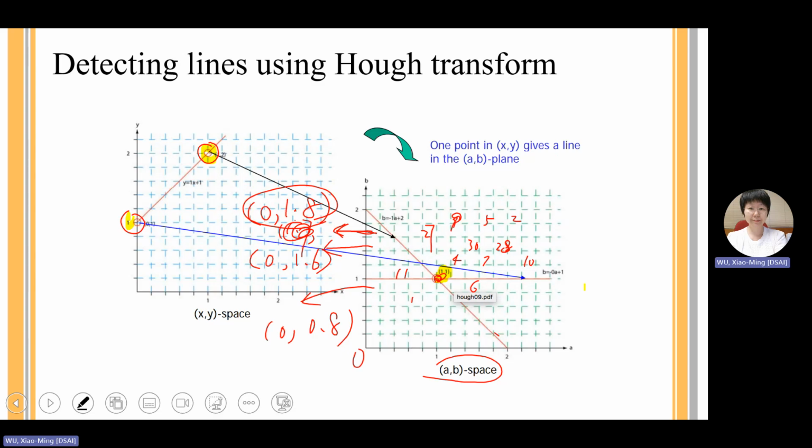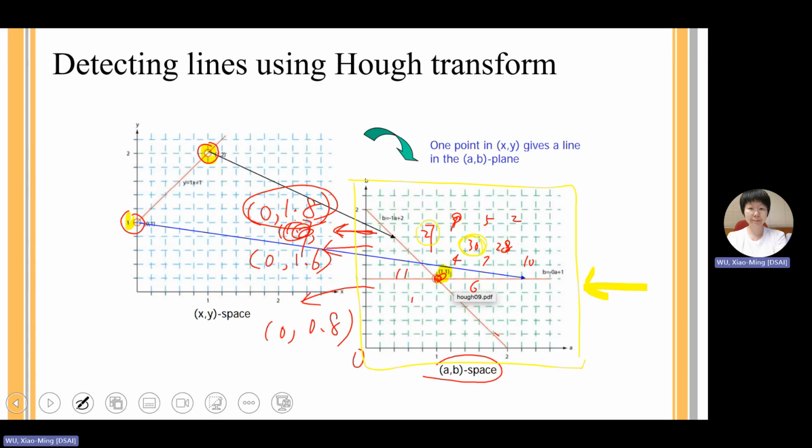And finally, we get some accumulated cell counts like this.